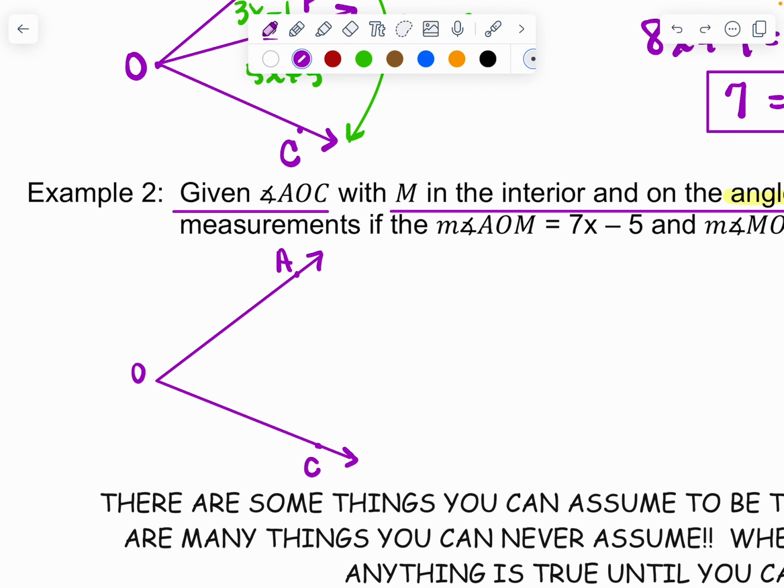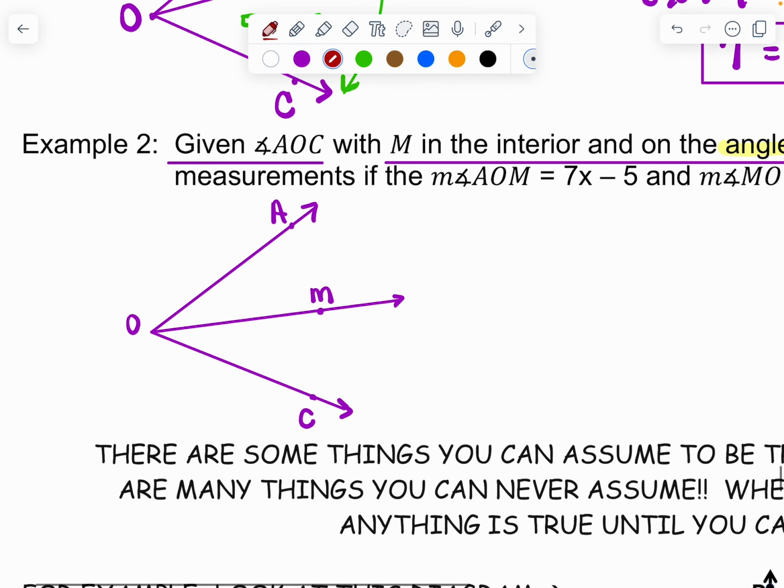This M is in a particular spot, it has to be on an angle bisector. Before I start writing anything else down, I should put arcs in my picture to show that a bisector splits an angle into two congruent angles. I need to make sure all of those clues are in my picture.